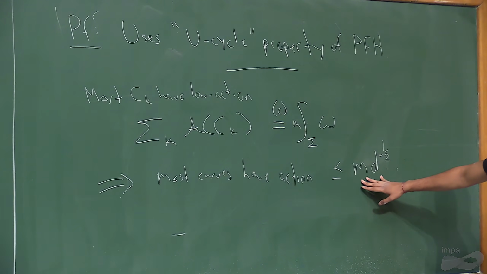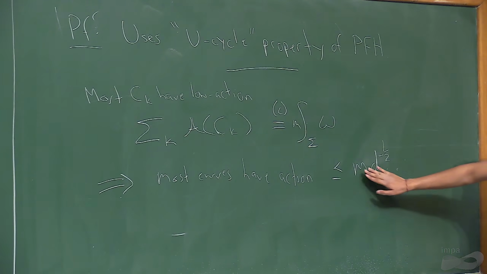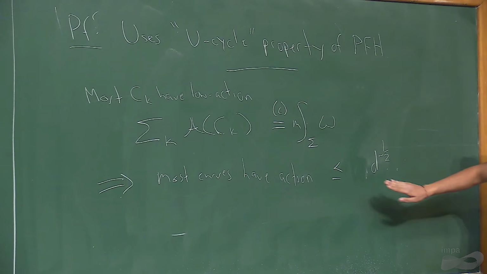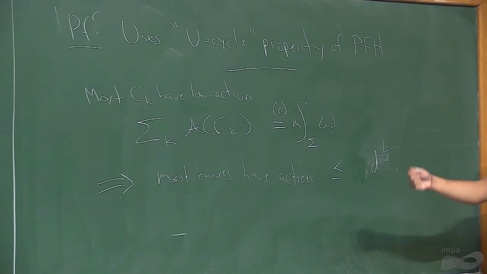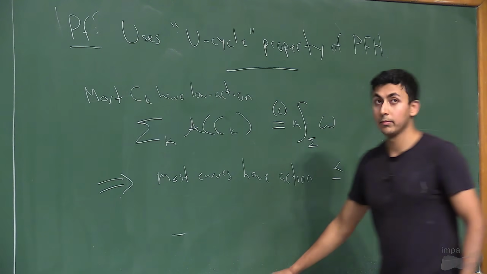Because if all of the curves had action bigger than D to the minus 1/2, then their total action would be something like M times D to the 1/2, which is way bigger than this. Okay.